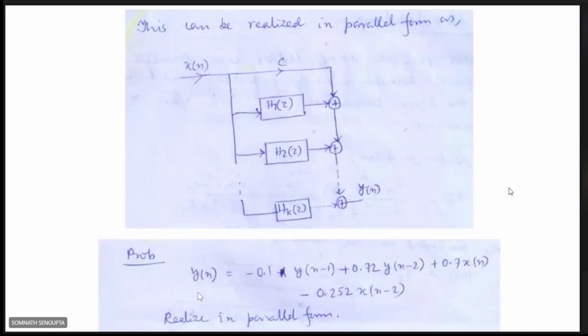This is the parallel form structure. The input x(n) is connected to all the stages with some coefficients, some constants. Why this constant? I will tell later, you will understand when we go through the discussion. Individual outputs from all the stages are added.